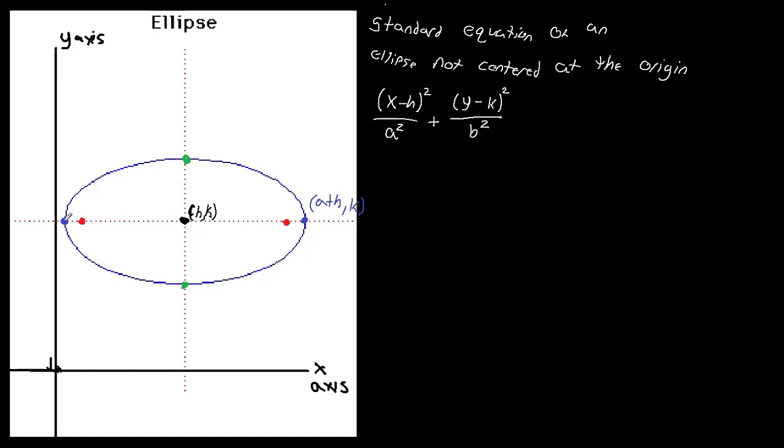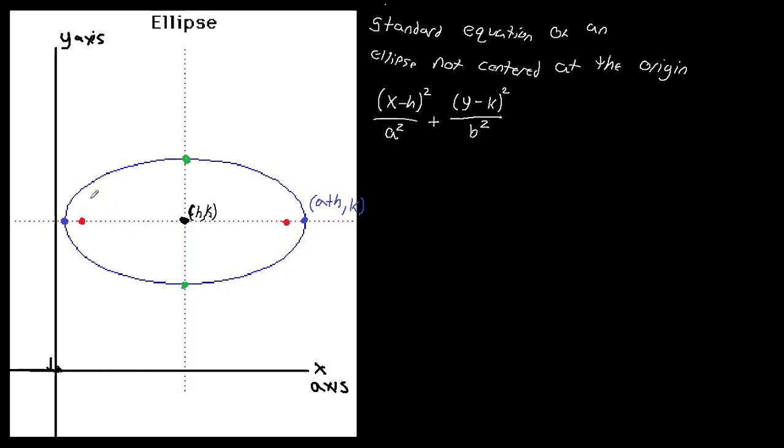Well, what about this vertex? If you remember in the previous videos, because our center was at the origin, our right vertex was a, and our left vertex was negative a. Well, that's not quite the case anymore.